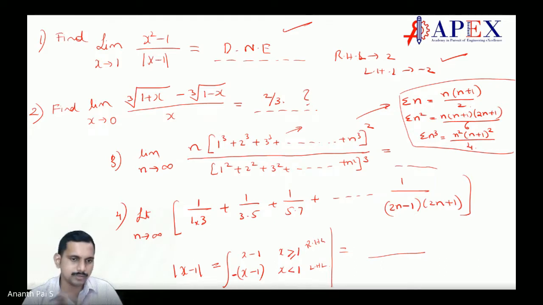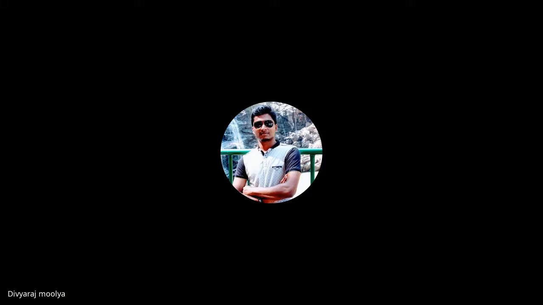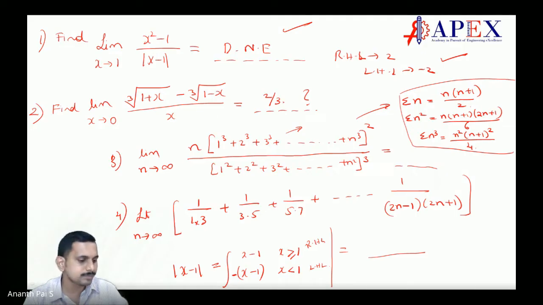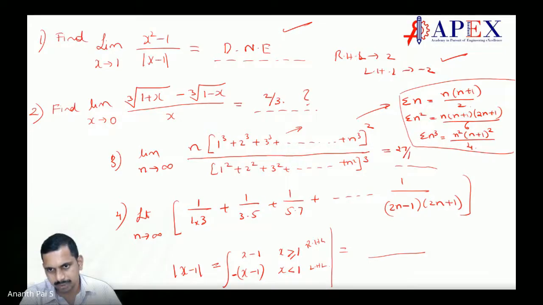Jivaraj, did you get the answer for the third one? Sir, getting. Is it? It is 27 by 16. Whatever the number is, you got 27 by 16? Yes. Very good. Fourth one.